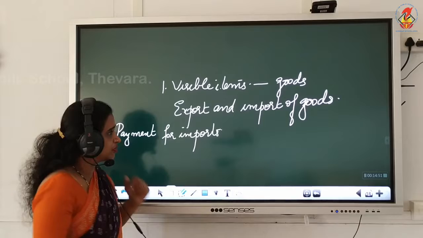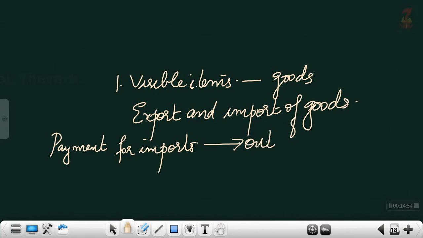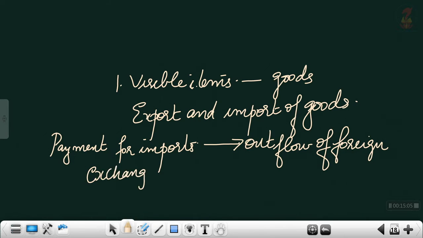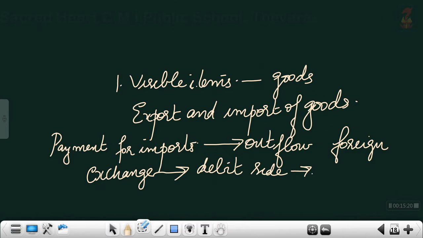Payment for imports causes outflow of foreign exchange, which can be recorded on the debit side, and which is a negative aspect.